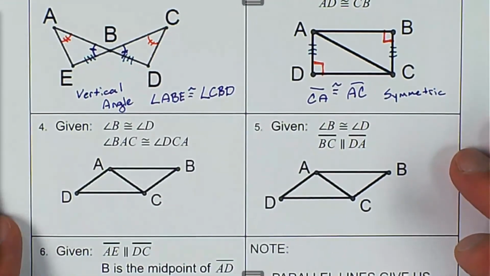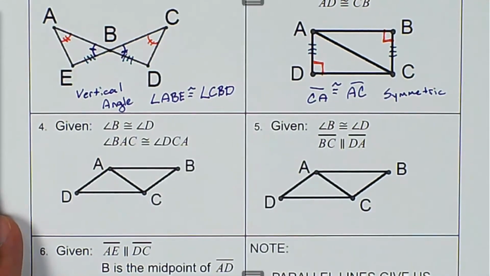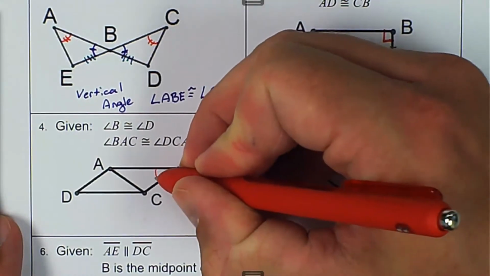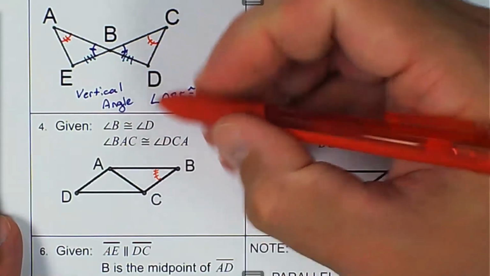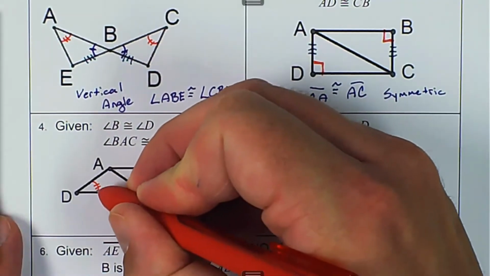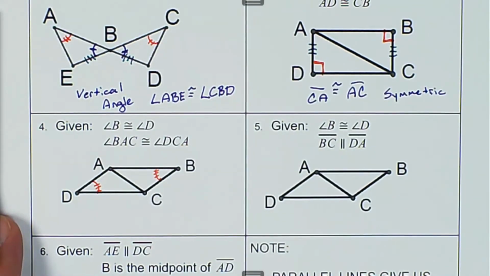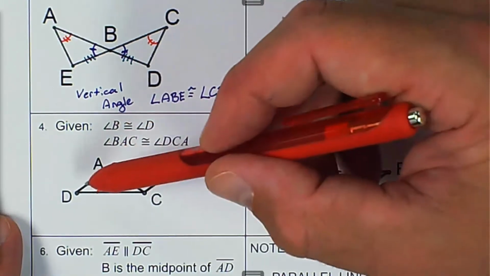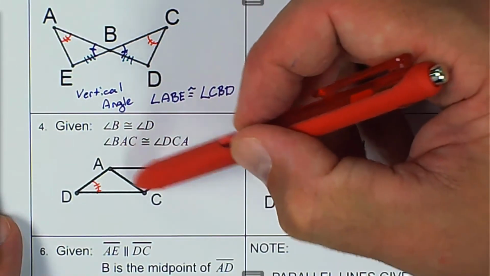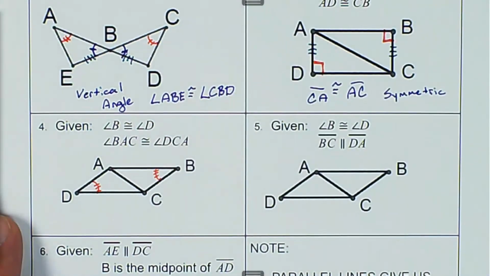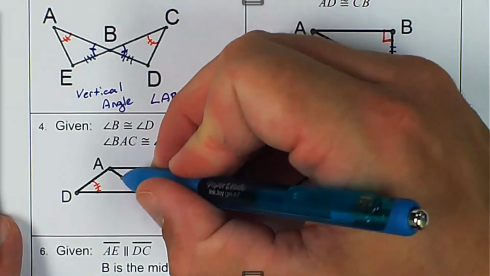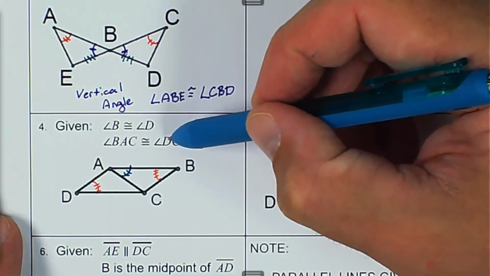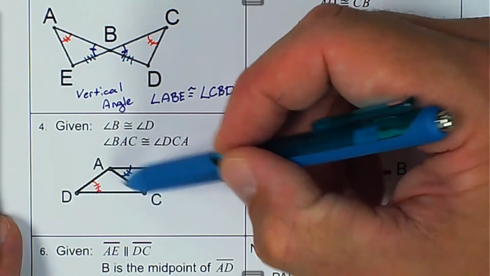We can look at example 4, and it says angle B, put 3 here, is congruent to angle D. So we got 3 and 3. And then it says angle BAC, let's put 2 there, is congruent to DCA.